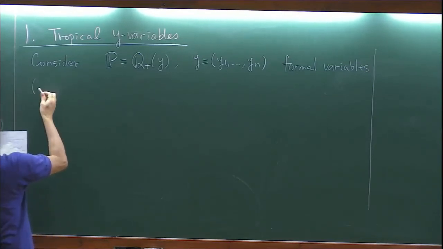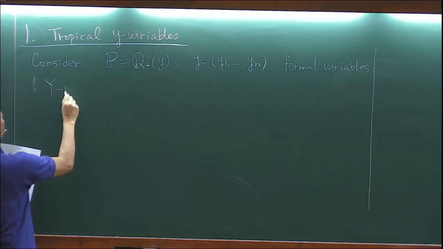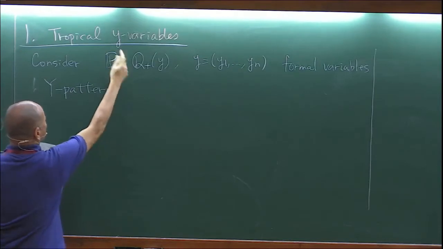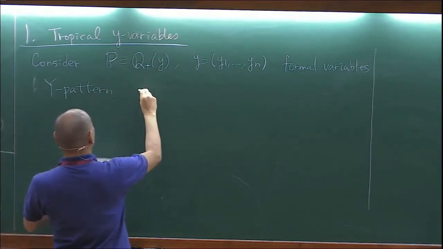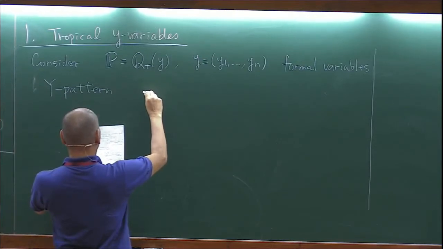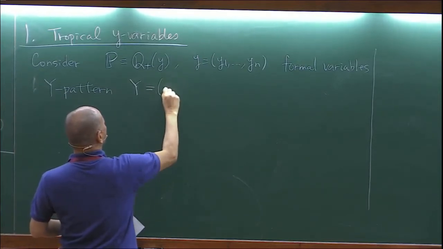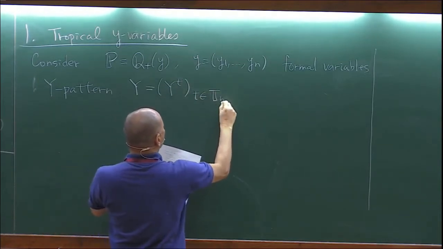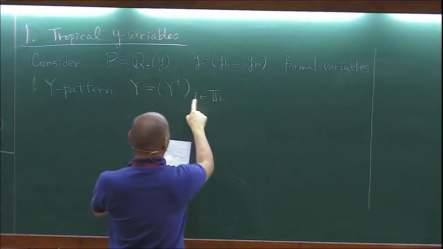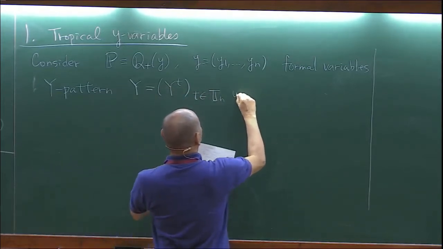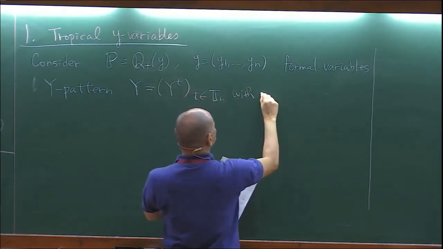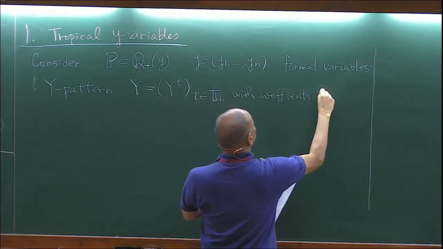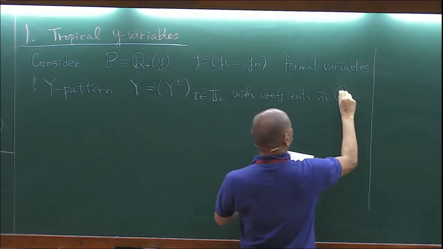Now we also consider what is called a Y-pattern with this coefficient. For the Y-pattern, I use the notation Y of t. It is an assignment of a Y-seed for each vertex, with coefficients in this semi-field, Q_+(y).